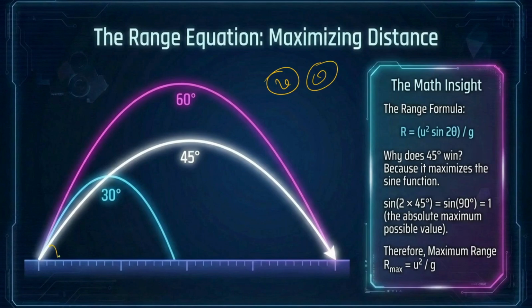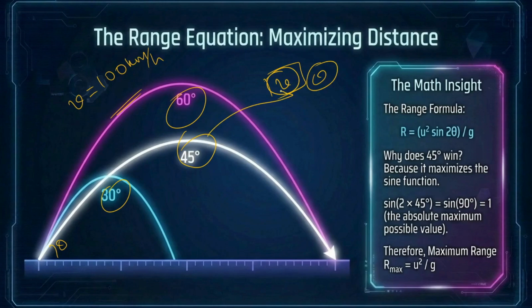Let's suppose here we take theta as 30 degrees, 40 degrees, and 60 degrees. If we take v as a constant, let's suppose v is equal to 100 kilometers per hour, and we vary the angle theta like 30, then 45, and lastly 60 degrees, we see that at the 45-degree angle we get the maximum range of the object.